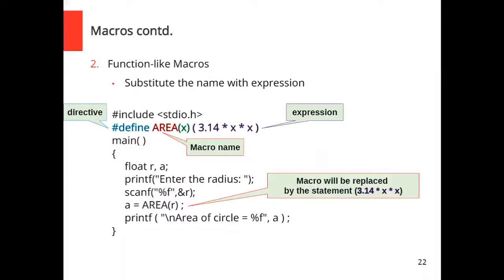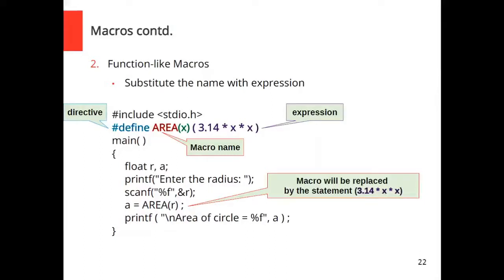Area is assigned to the variable a, and we have specified the macro name area, and inside the brackets we have given r as the argument or the parameter. When the preprocessor sees this statement, it replaces the macro with the expression which is specified using the hash define directive, and then it computes the area of the circle.